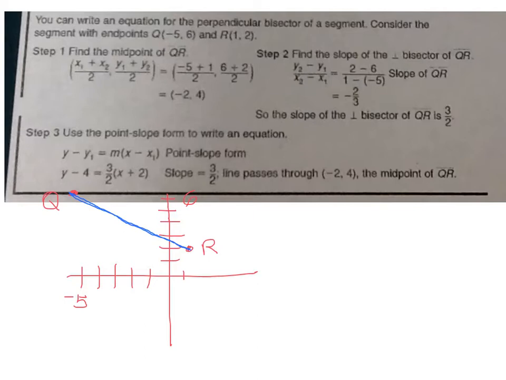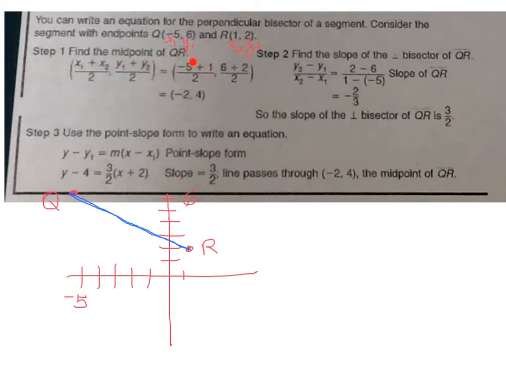You use the formula x sub 1 plus x sub 2 divided by 2, and then y sub 1 plus y sub 2 divided by 2. You label your points. This could be x1, y1. The second point is x2, y2. Then you substitute, and then you simplify this.